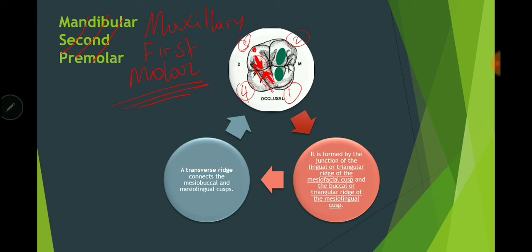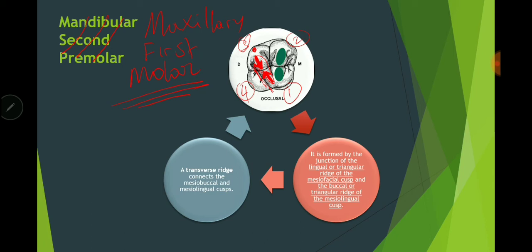Okay. All right. So the transverse ridge is formed by the junction of the lingual triangular ridge of the mesiofacial cusp. Okay. So these are also called triangular ridges. So the transverse ridge, which is here, the ones in green dotted lines here, you name it.